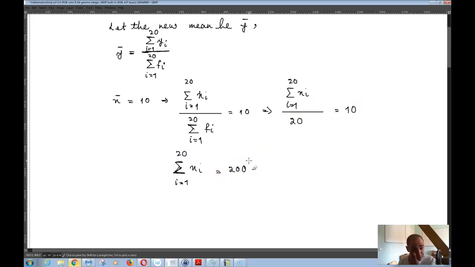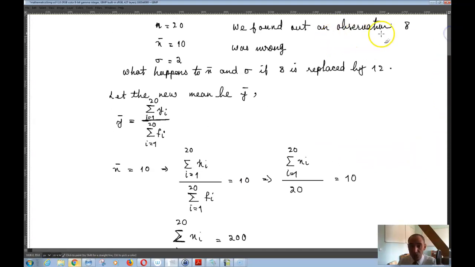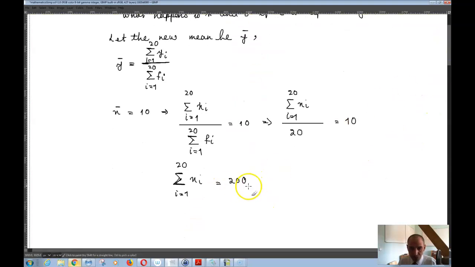So originally the observations that we had, which included this 8 that was put there by mistake, had a sum equal to 200.